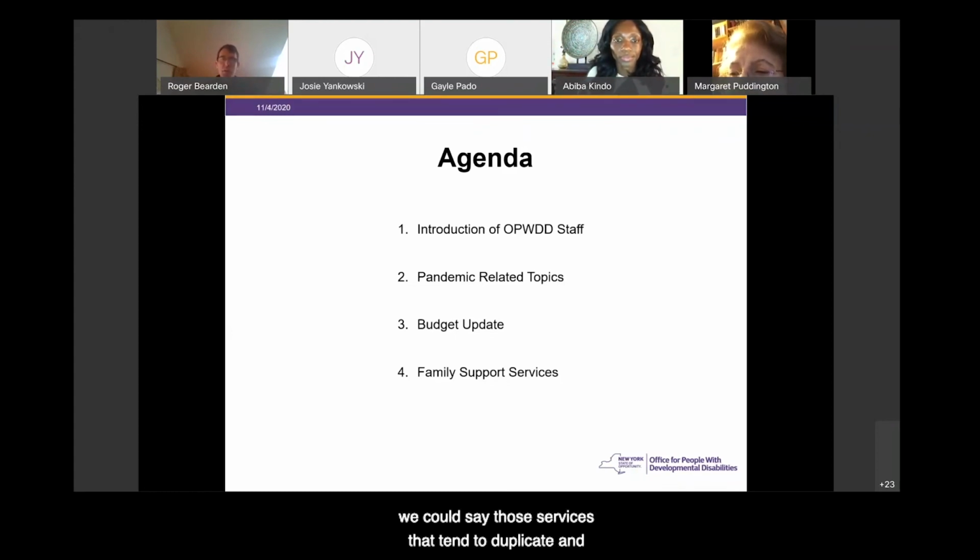We could say those services that tend to duplicate what CCOs may also be able to render, which is a Medicaid matched service, might be one that we give a statewide centralized direction to eliminate. But that's up for decision making.